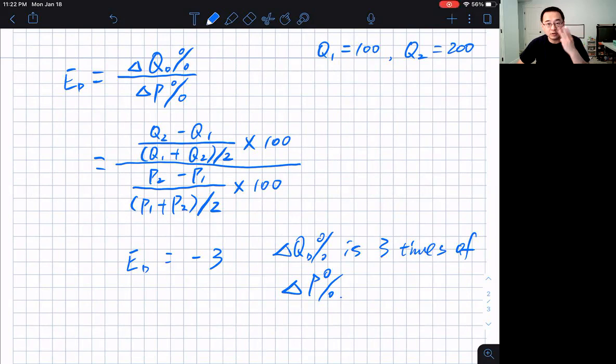If that number equals 3, that means the quantity change in your numerator is 3 times the size of the price change in your denominator. So in this particular example, if your price increases by 10%, you're going to lose 30% in sales. On the contrary, if you drop price by 10%, you're going to have a 30% increase in sales.